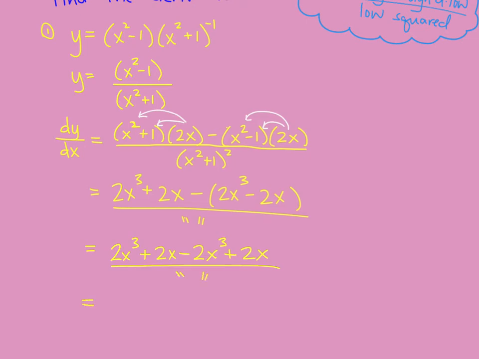The cube terms end up canceling out, and the two 2x's combine to 4x. So 4x is our numerator, all over our denominator, which is x squared plus 1 quantity squared, and that's what our derivative ends up being. We cannot cancel anything there.